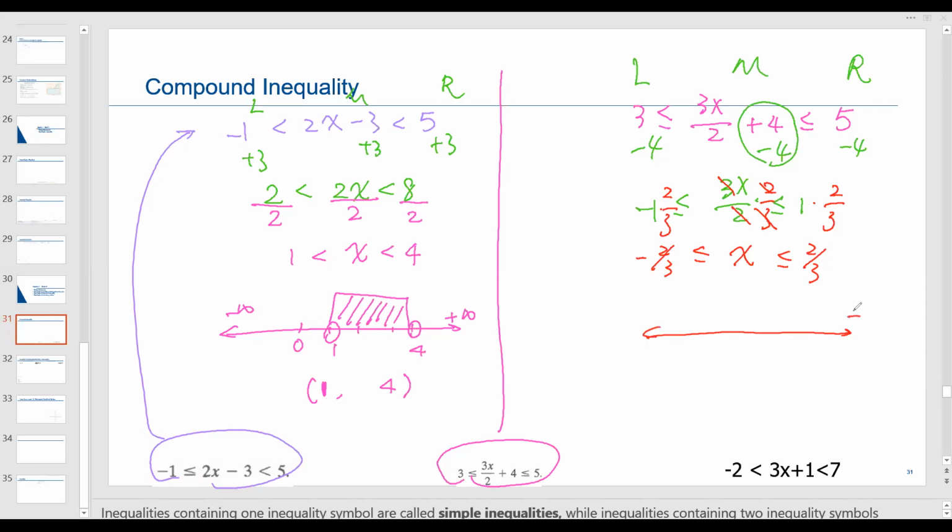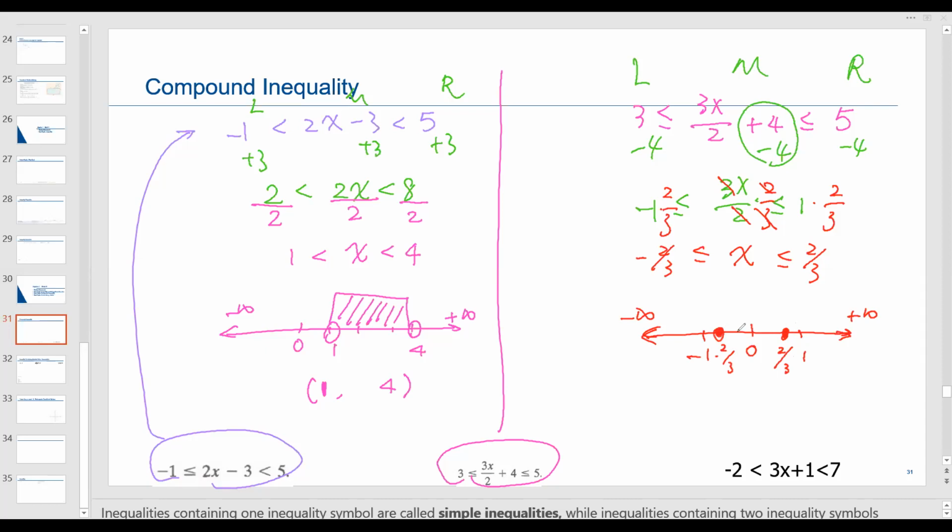So it means when we do the graphing, here is positive infinity, here is negative infinity, and this is 0. Basically, we need to graph this part. Here's 1, here's -1. So 2 over 3 is about here, including it, and -2 over 3 is right here.